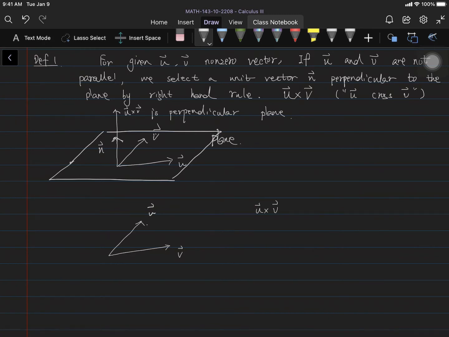Right-hand rule, right hand: we start from the u vector and point to the v vector, turn your hand, and then your thumb goes to the other direction. So this is v cross u, something like that.